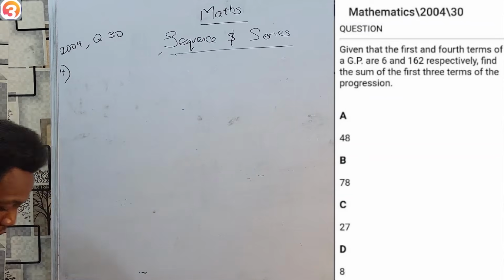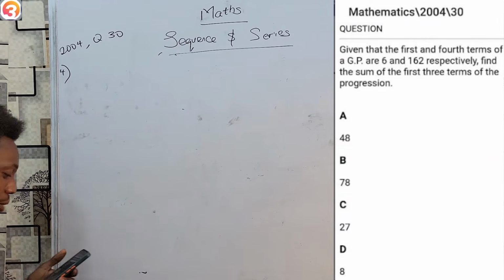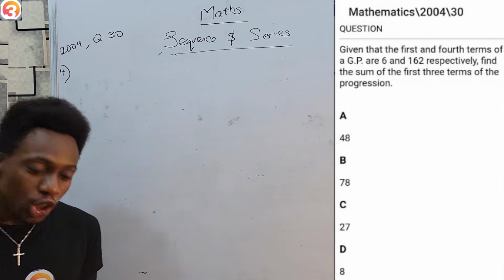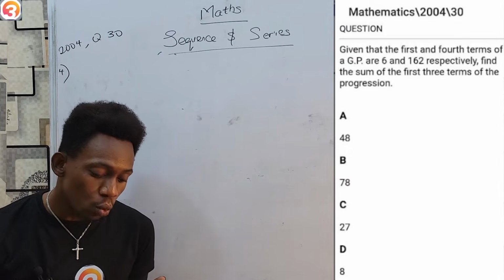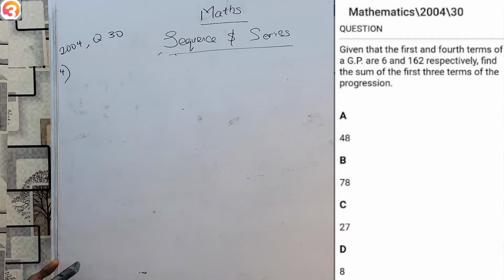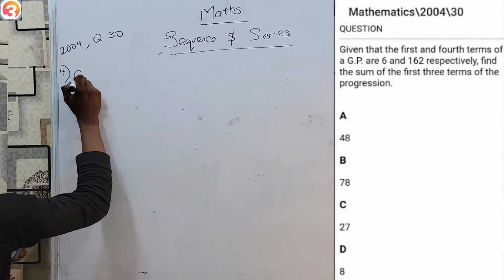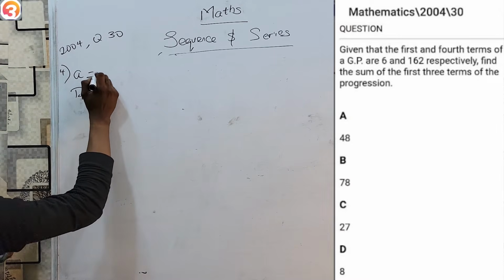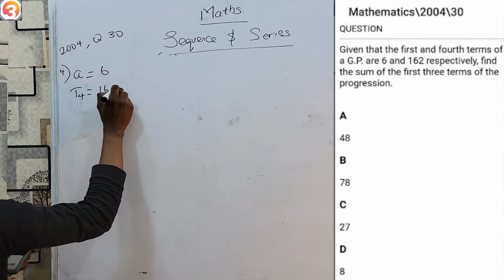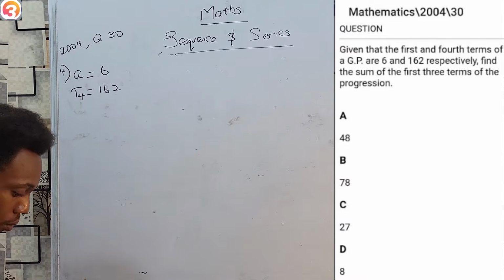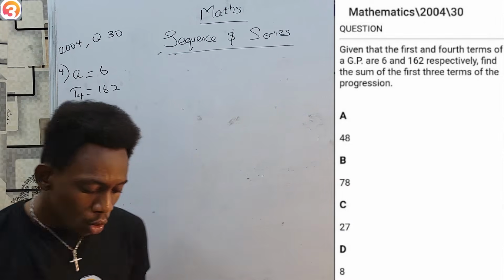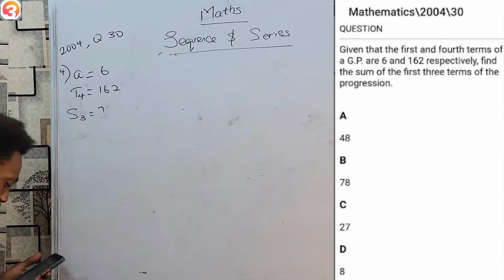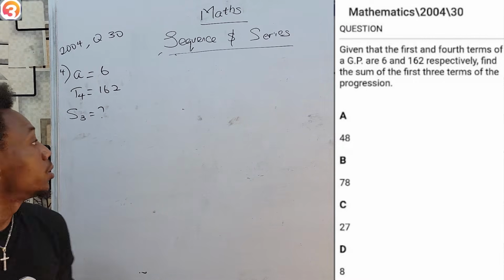And this one says, given that the first and fourth terms of a GP are 6 and 162 respectively, find the sum of the first three terms of the GP.